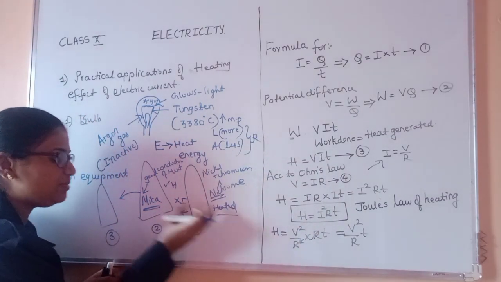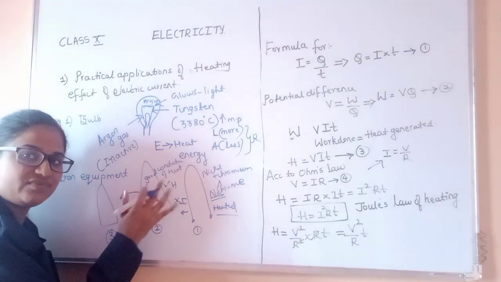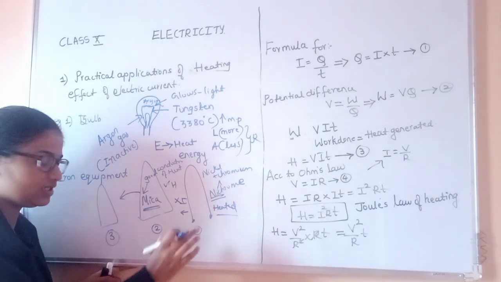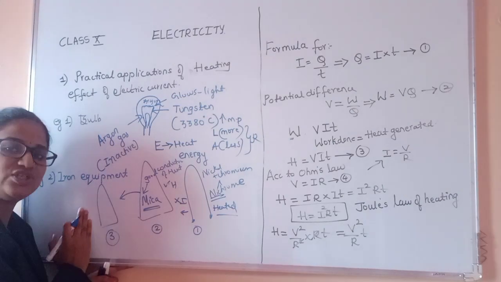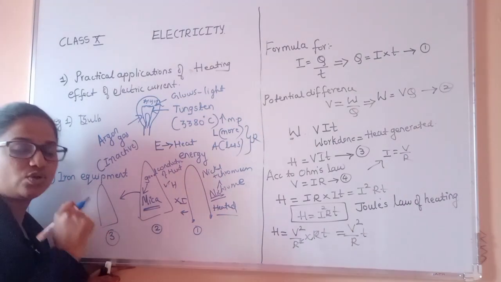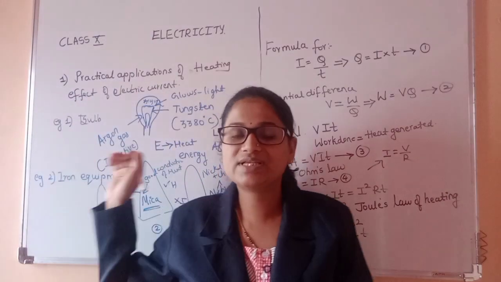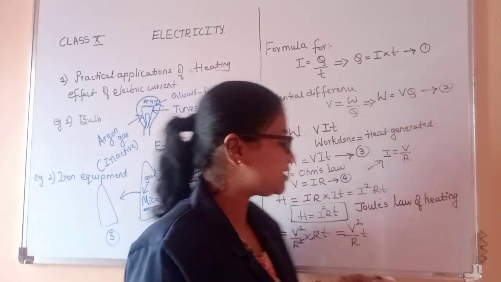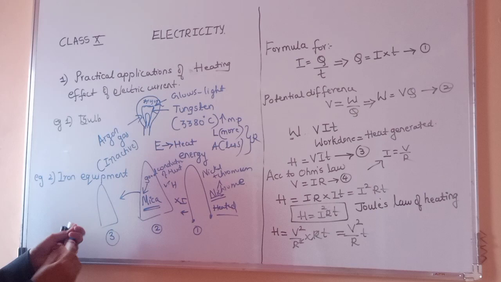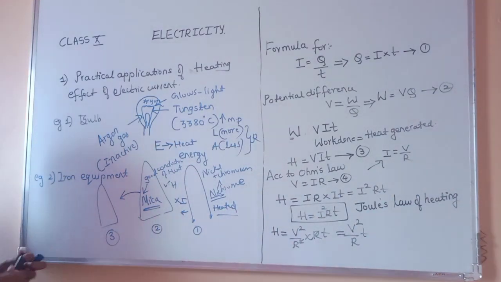This heat will be transferred to the mica plate, which will only absorb the heat, not the current, and the heat will again be shifted to the plate which we press on the clothes. This is how the heating effect of electric current works in the iron machine. Next, sometimes in our houses we hear about the fuse.